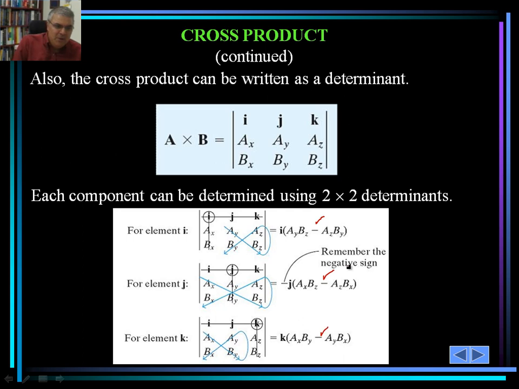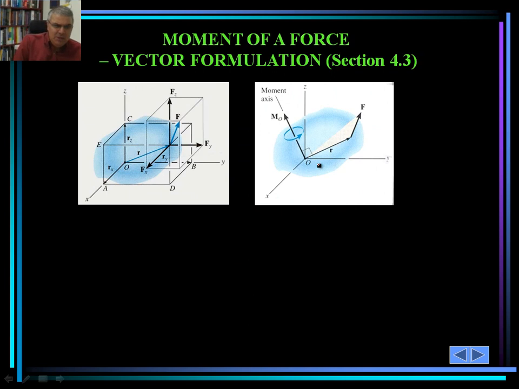Remember, every time you take the determinant, the first term is positive, the second one has a negative sign carried by the operation itself. For the K element, we cross the last column and last line out, A sub x B sub y minus A sub y B sub x. This is for the I element, J element, and K element.